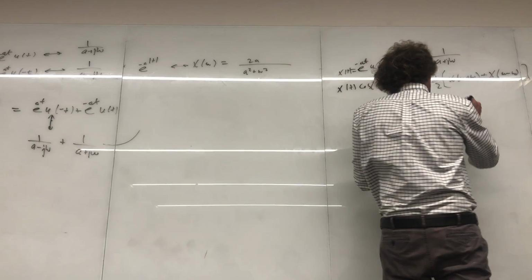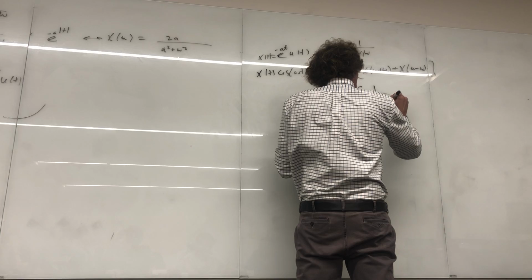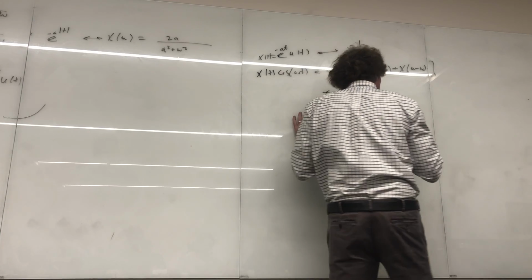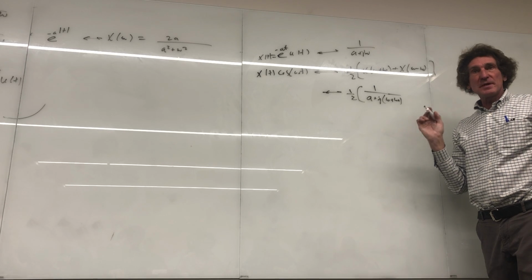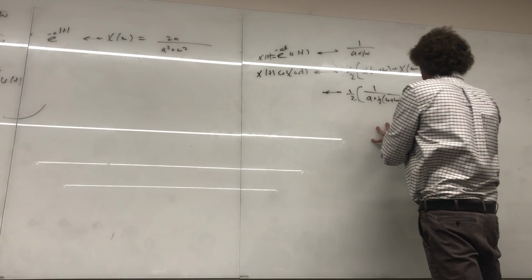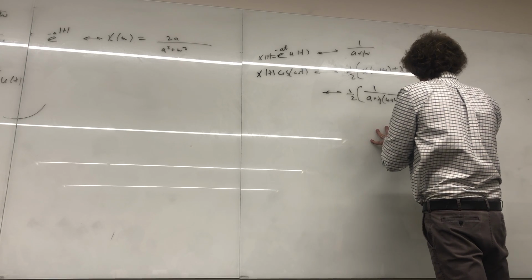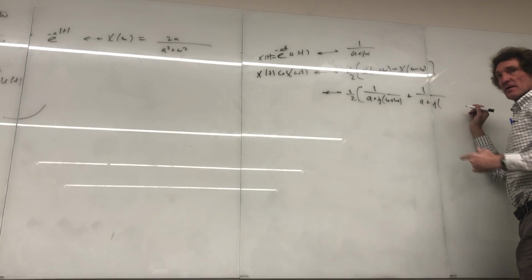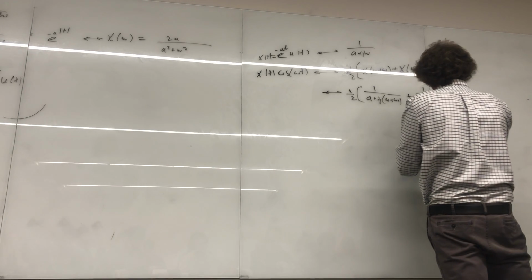So that means this is 1 over a plus j of omega plus omega naught. Try to be clear about this, please don't miss this. The next term is 1 over a plus j of omega minus omega naught, right?